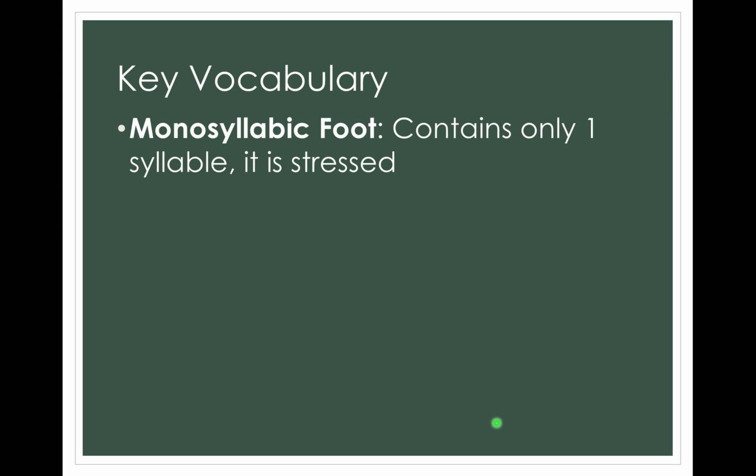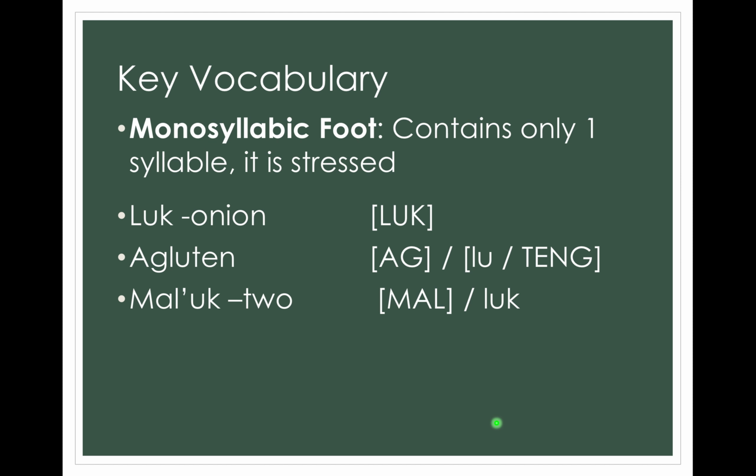So that single syllable that makes its own foot and is stressed is called a monosyllabic foot. So here are some more examples of monosyllabic feet. We have Luuk again. It is its own foot, it's stressed. We have Arludung.